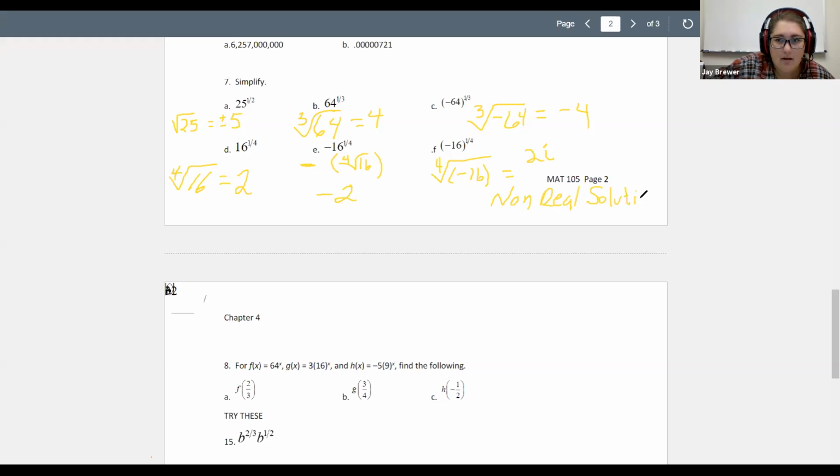Okay. i is equal to the square root of -1. Any questions to that point?